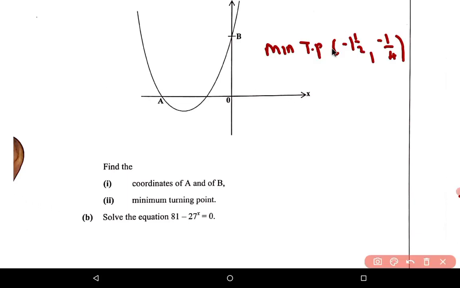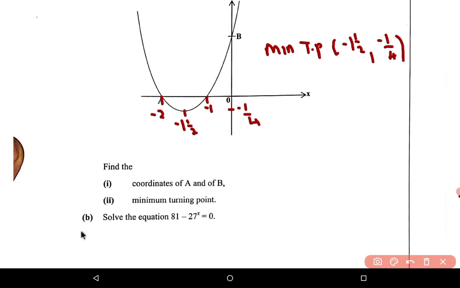The x here is negative 1.5, which makes sense because at first we had found this one as negative 1 in the previous question, and this one was negative 2, so it makes sense for this to be negative 1.5. And this one is just a quarter, which is negative 1 over 4. Everything is making sense. So this is the minimum turning point.